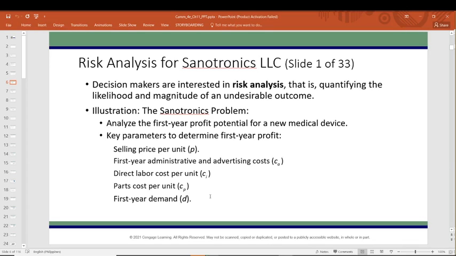Sonatronics has identified the key parameters in determining first-year profit. So we have the selling price per unit, first-year administrative and advertising costs, direct labor cost per unit, parts cost per unit, and first-year demand.